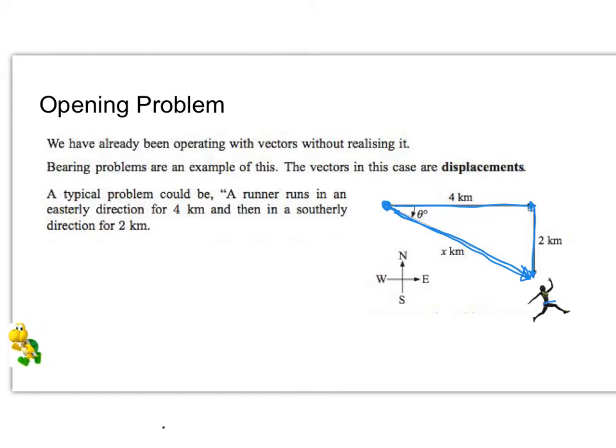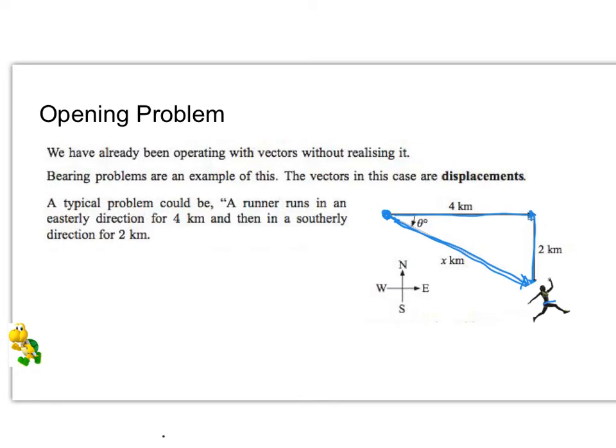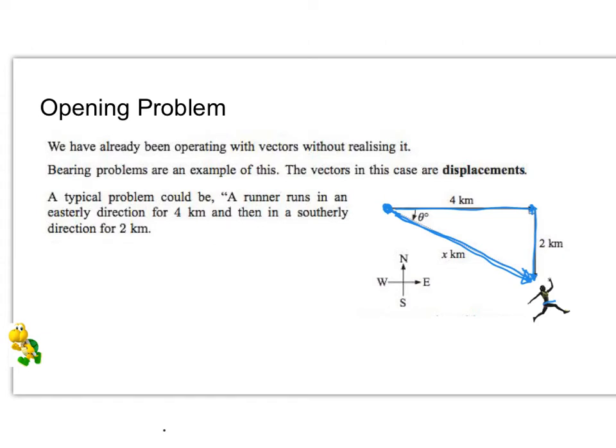Okay, back to my bearing problem. If I wanted to find out my displacement, or how far I'd actually traveled from where I started and the direction I was going in, you can see here that, oh, we thought we were done with trig. No, sorry. You can see here that I actually have a right triangle.